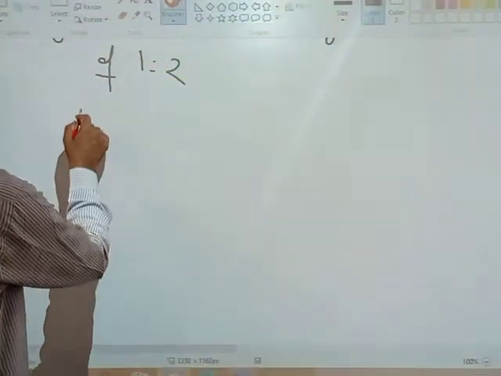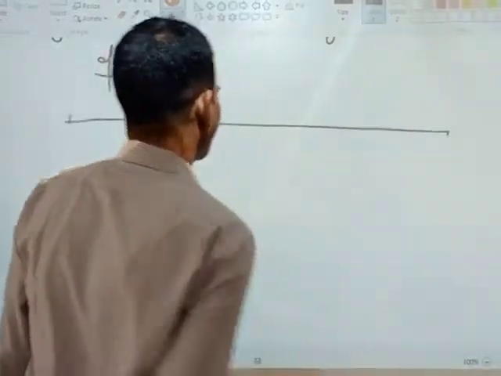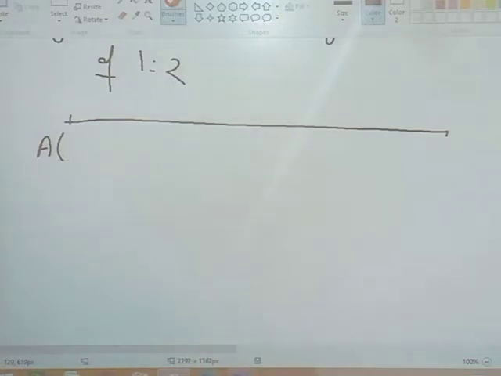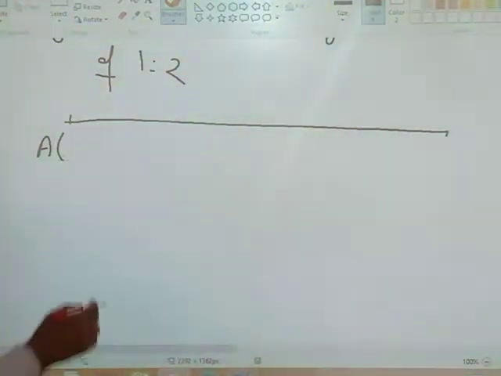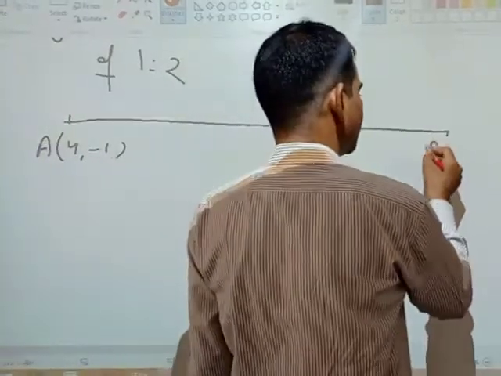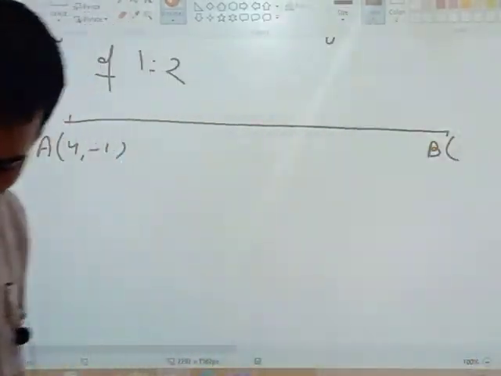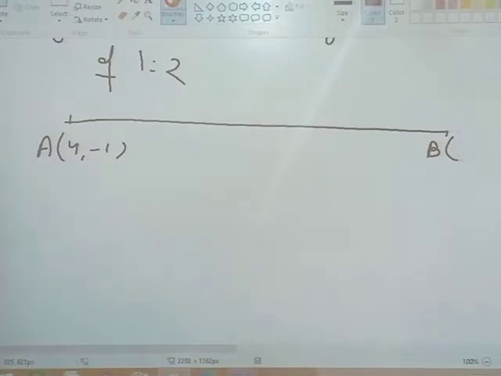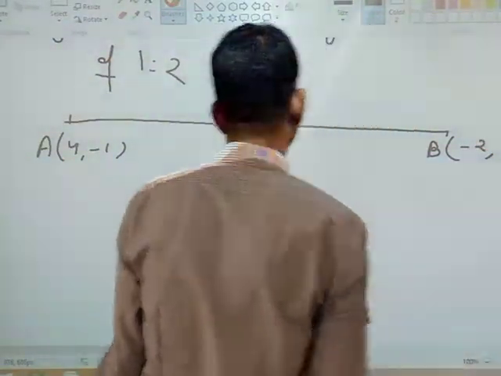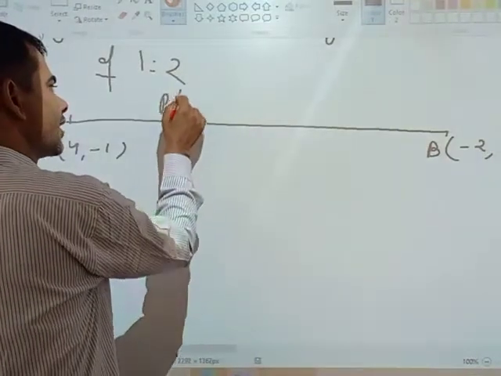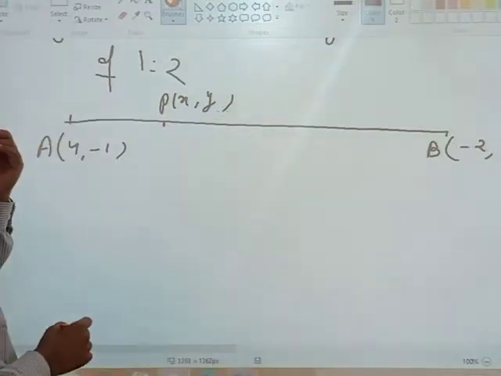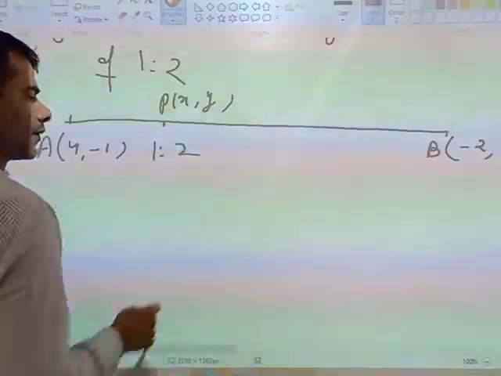Now this is your point A, and the coordinates of A are (4, -1). That is your point B, and the coordinates of B are (-2, -3). This is your point P(x, y), and point P(x, y) divides the line segment in the ratio of 1:2.